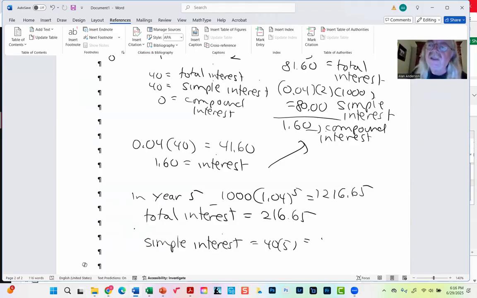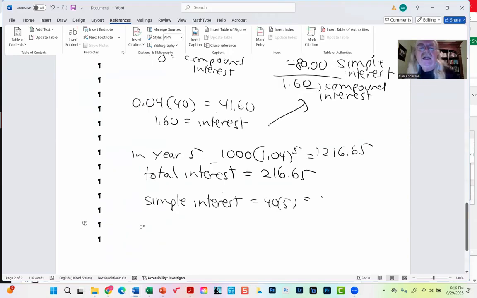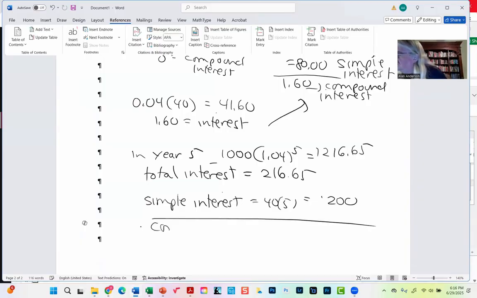The rest must be the interest. So the simple, as we've discussed, is 200 because it's $40 a year for 5 years. The rest is the difference, which is 16.65.